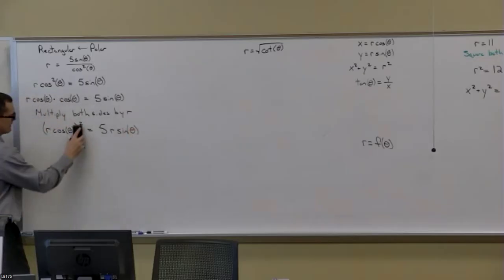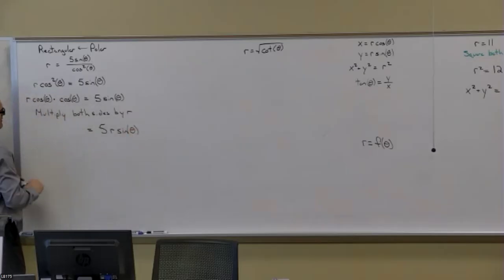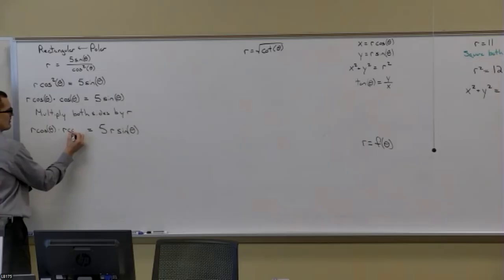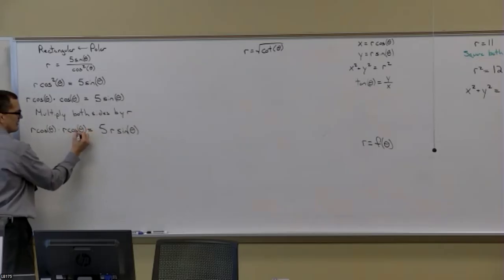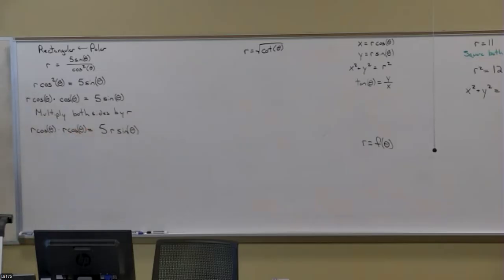If you'd rather write this in a different way on the left, like r cosine theta times another r cosine theta, that's fine too. Or r squared cosine squared, that's all right too.